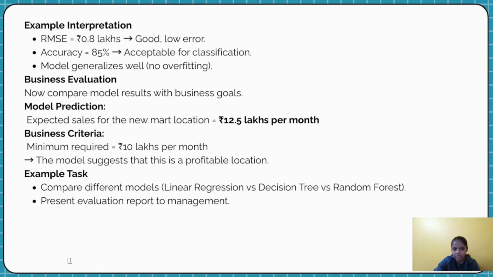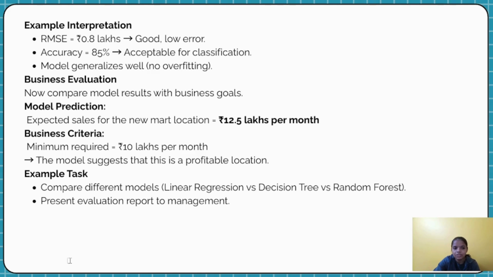Example interpretations are the RMSE equals rupees 0.8 lakhs, which is a good, low error. Accuracy 85% means that it is an acceptable model for classification. And the last one is the model generalized well, no overfitting of the data here.